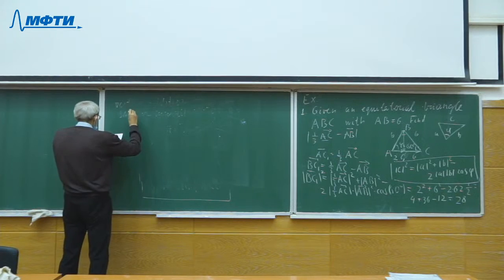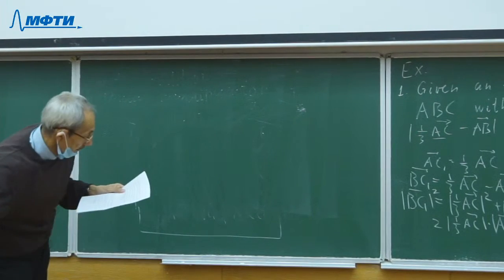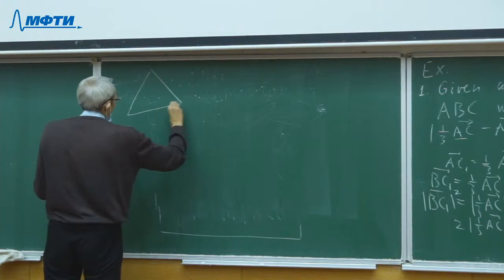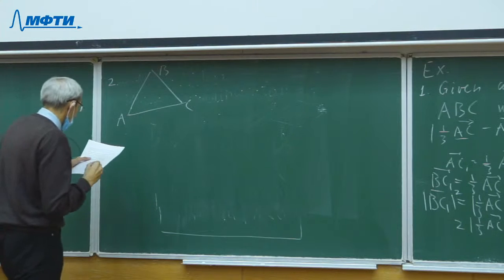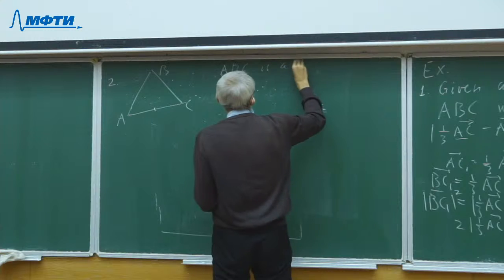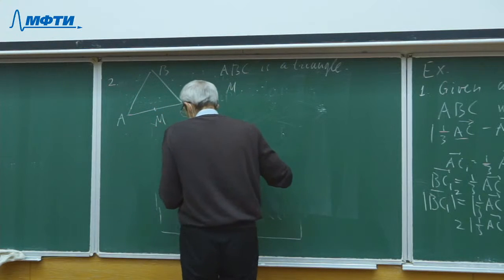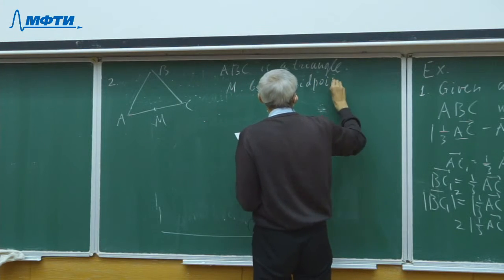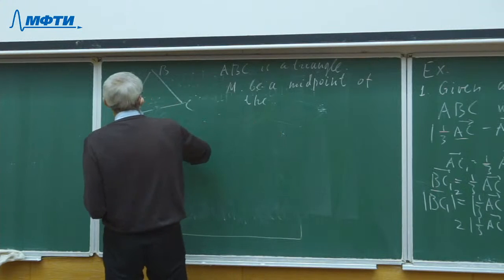We have some arbitrary triangle ABC. Let M be a midpoint of the side BC.